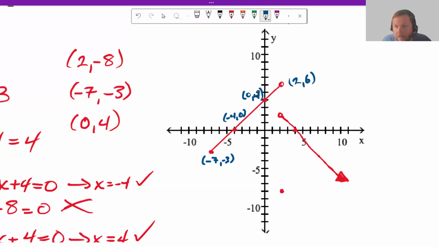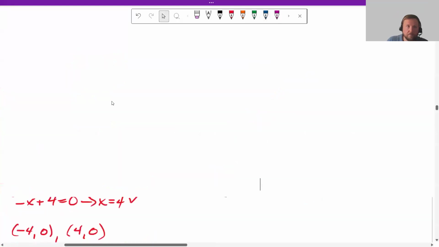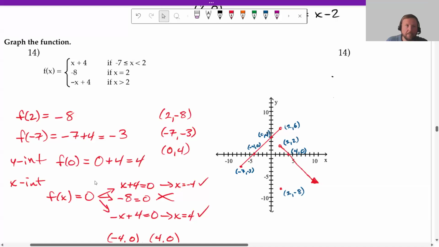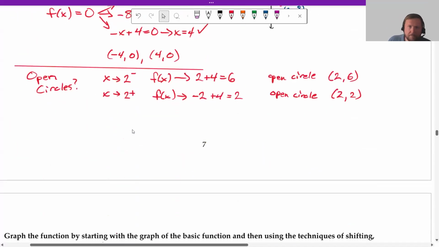That hole's not actually on the function, but we're going to label it anyways. Same with that one. And then we have 4, 0. And then this guy all by himself, all the way down there. All right. Well, I would say we just graphed the heck out of that piecewise function. All right, on to the next one.